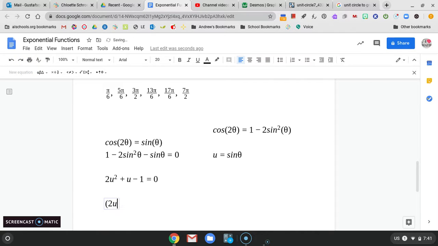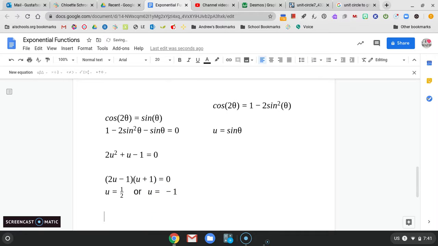I'm going to get 2u minus 1, and I'm going to get u plus 1 equals 0. Solving that, I'm going to get that either u equals 1/2 or u equals -1.